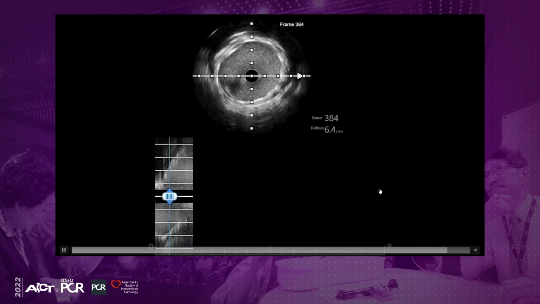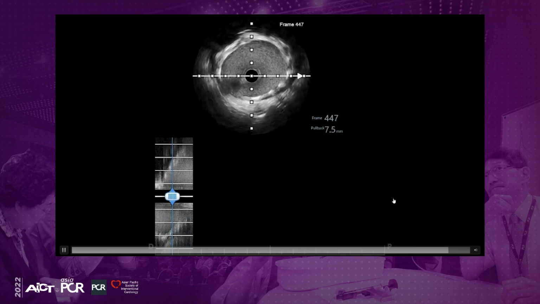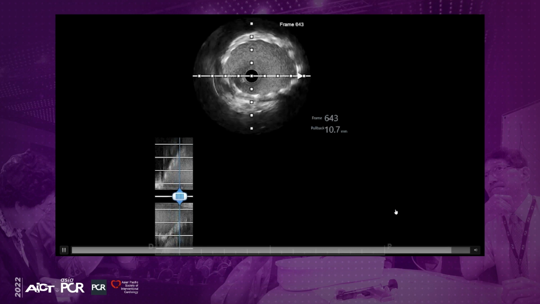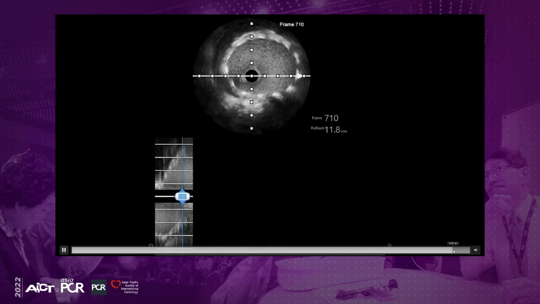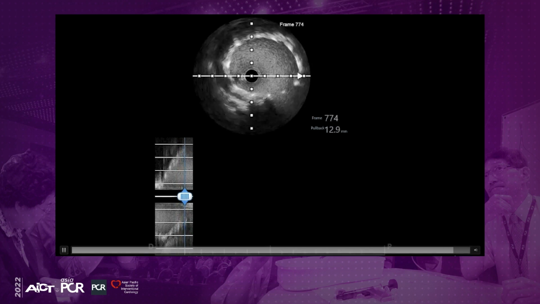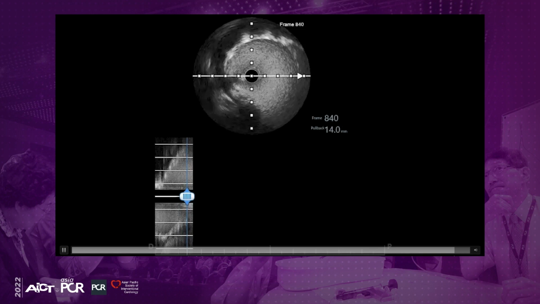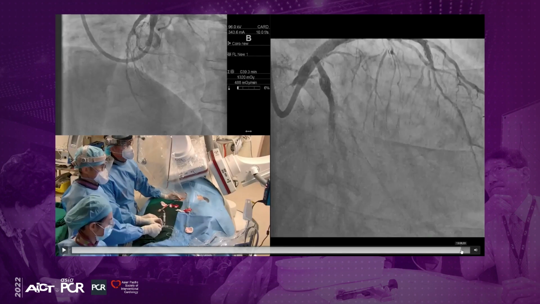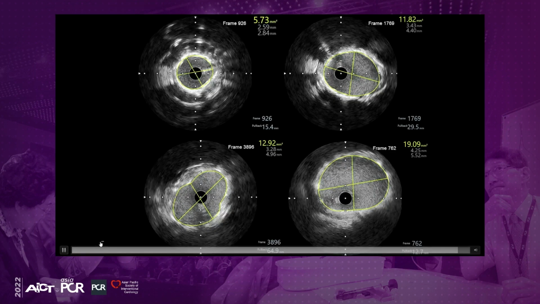So this is just a proximal run across the osteo-LAD into the left main. So I think we were all quite satisfied with the results. I'm going to just show you the final angiogram.